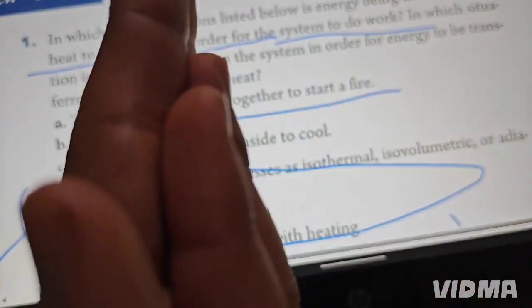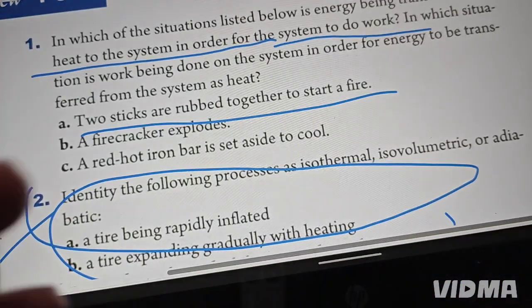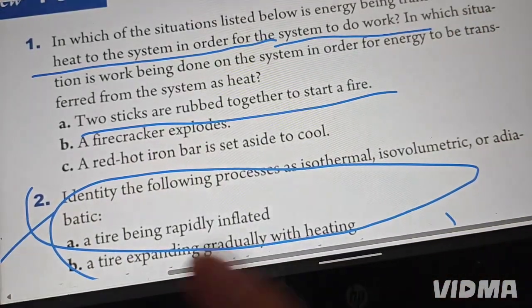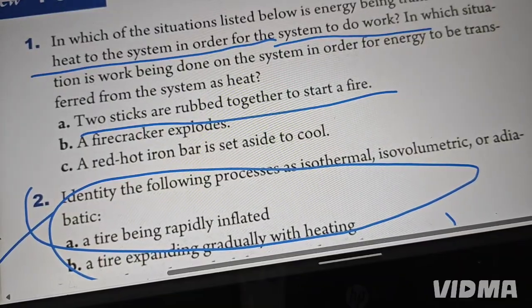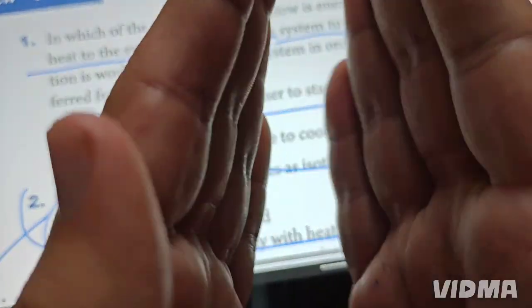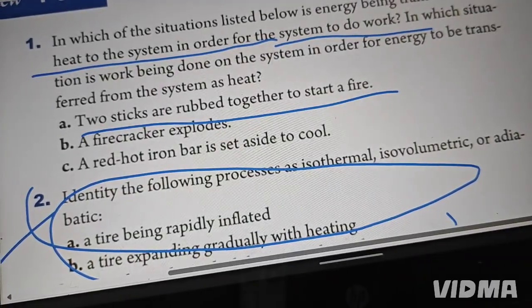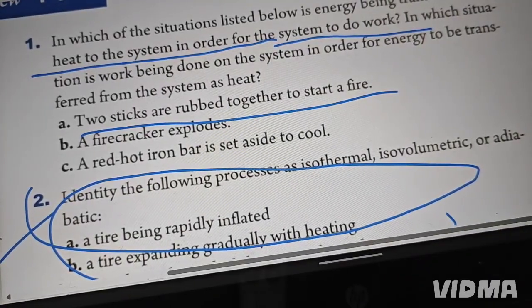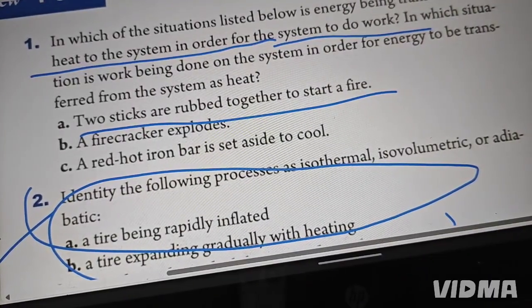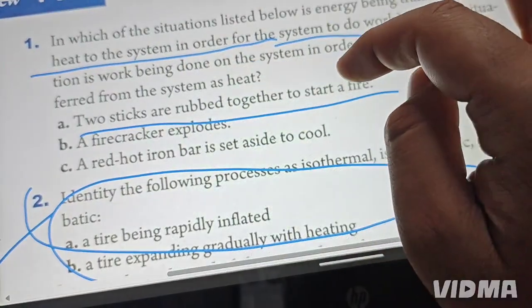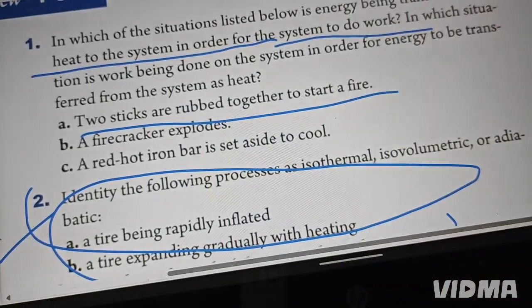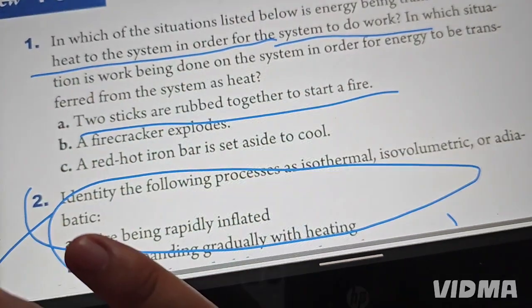Between our hands there is a transfer of energy, and then it creates a fire. So first work is done on the two sticks, then we can make a fire. So first work is done.